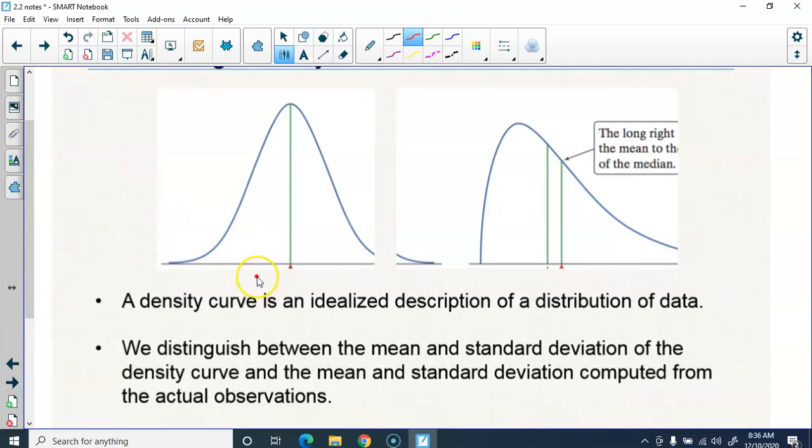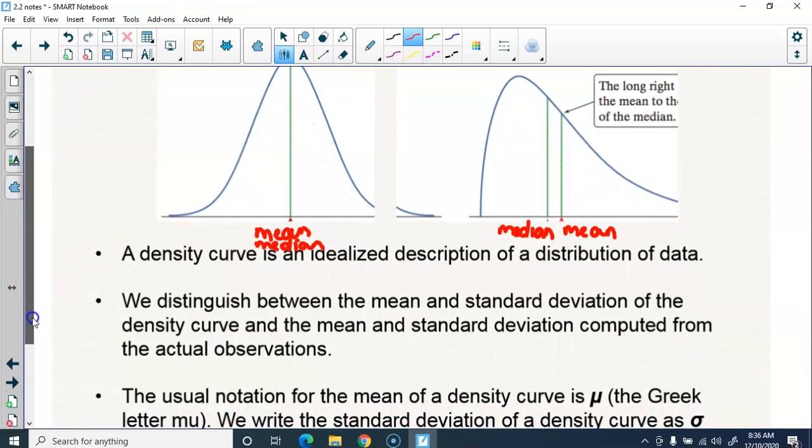The mean and the median should both be this green line in the middle because this is perfectly symmetric. And on this one, the median would be on the left and the mean would be the point that's pulled a little bit to the right by the long tail. So it's idealized, right? Like the one that we just showed with the bars, we kind of cut some of those bars off, but it is what we idealize it to be.